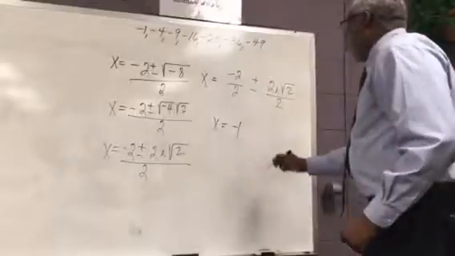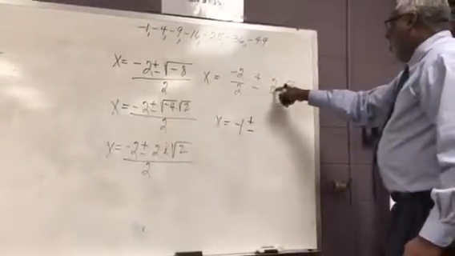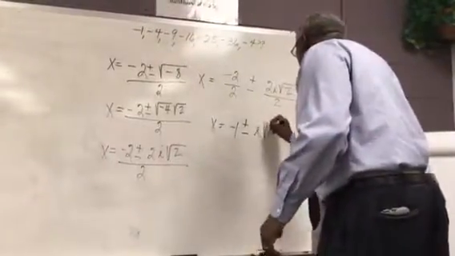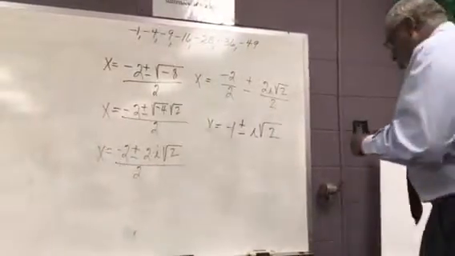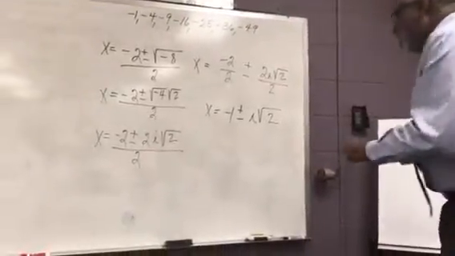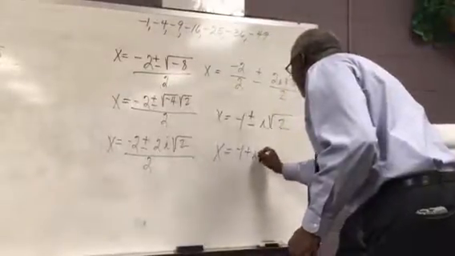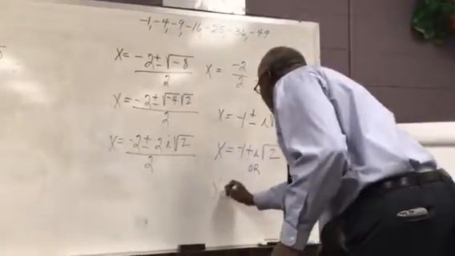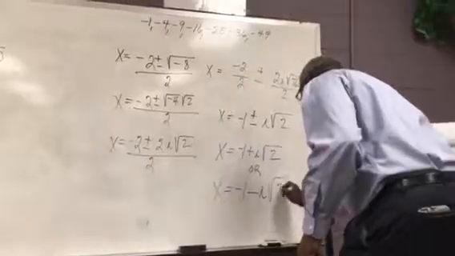So that's a -1 plus or minus. 2i divided by 2 is just i on the square root of 2. So my answer really breaks down to this. So my answer is going to be x equals -1 plus i on the square root of 2, or it's going to be x equals -1 minus i on the square root of 2.